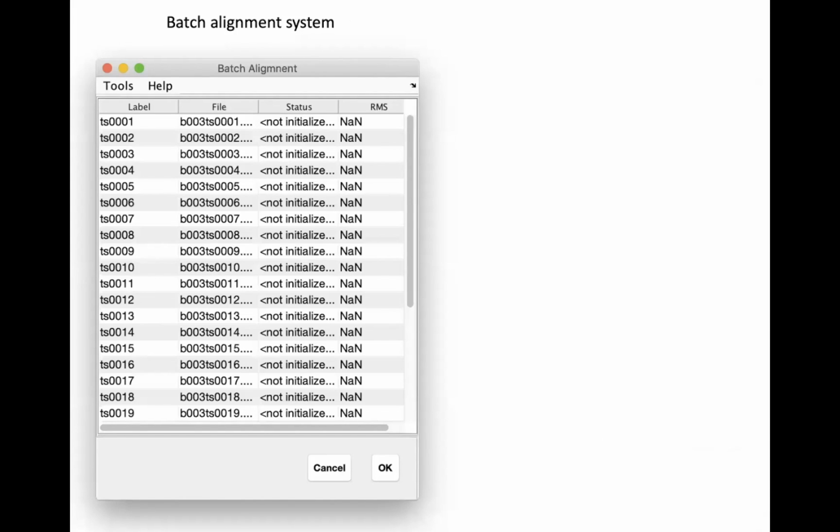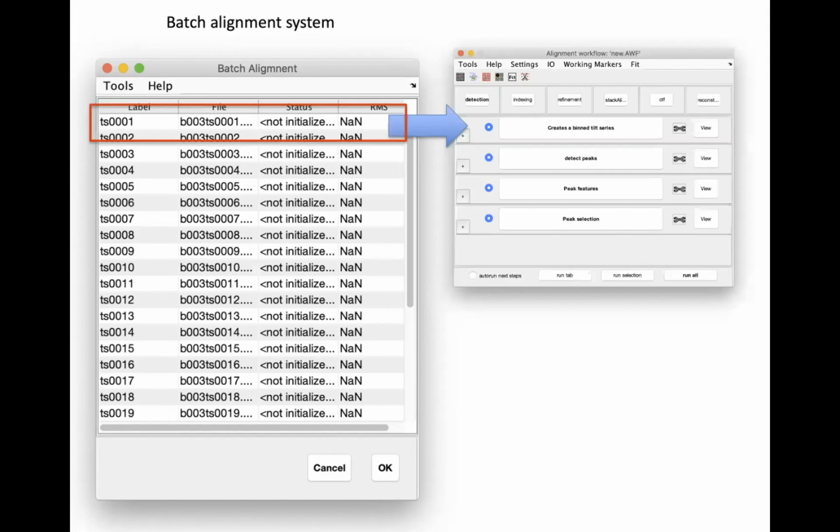But in any case, this is the same idea as I mentioned before for the models for particle picking. When you have a lot of tilt series, this is our naming convention in Dynamo for tilt series, here I have 50 or something like that, you choose one of them, you work a little bit with the alignment workflow, and you tune the parameters in order to make it work decently.